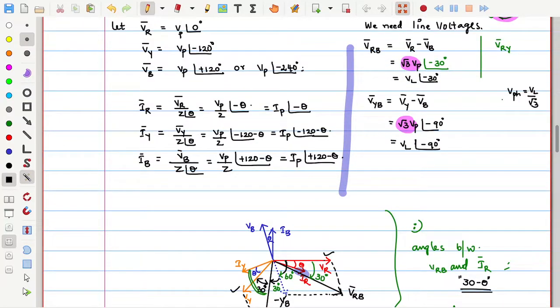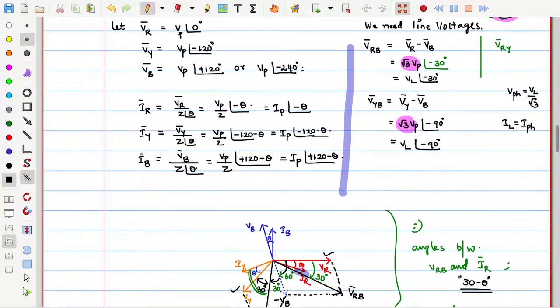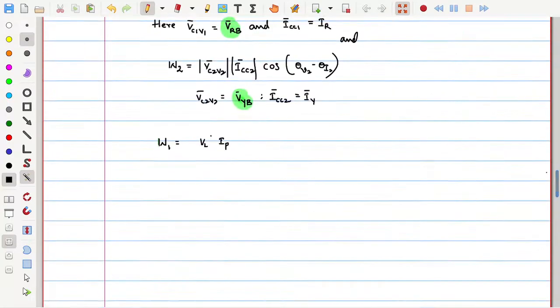In case of star connection, IL is equal to IP. I am writing IP, instead of Ph I am using P, which is phase current. So W1 is VL IP cos of the angle between VRB and IR. How much did I get? 30 minus theta.